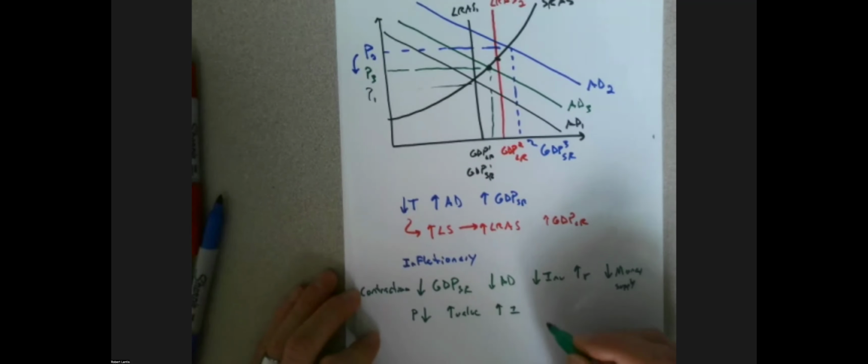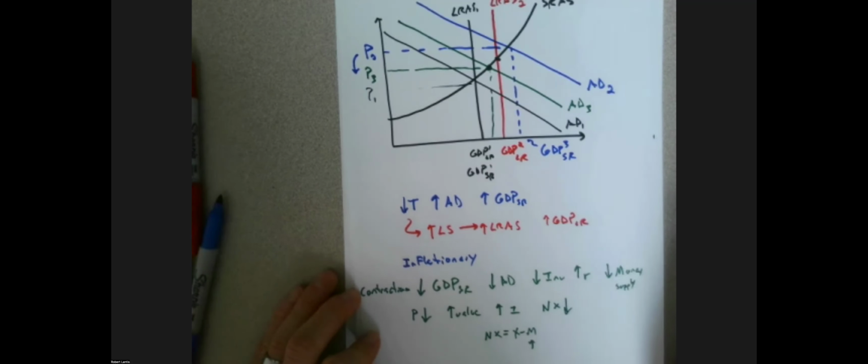If the value of the dollar increases, we're going to import more. But remember, net exports is exports minus imports. If imports get larger, net exports is going to go down.